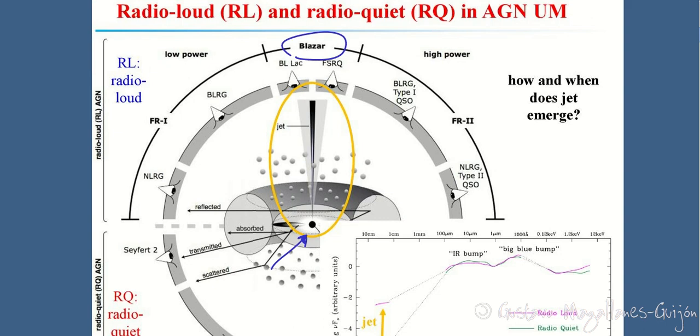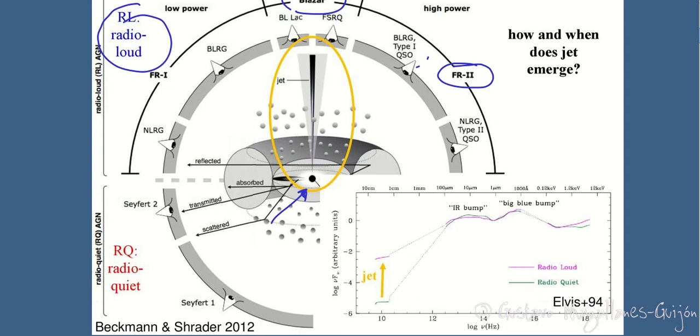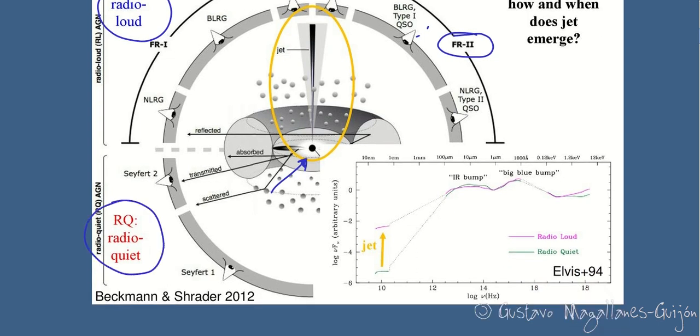If we see this object not directly, with inclination, the name for this is quasar. The kind of this is FR2 or FR1. If we can see the jet, the name of this is radio loud. If we cannot see the jet, the name is radio quiet.